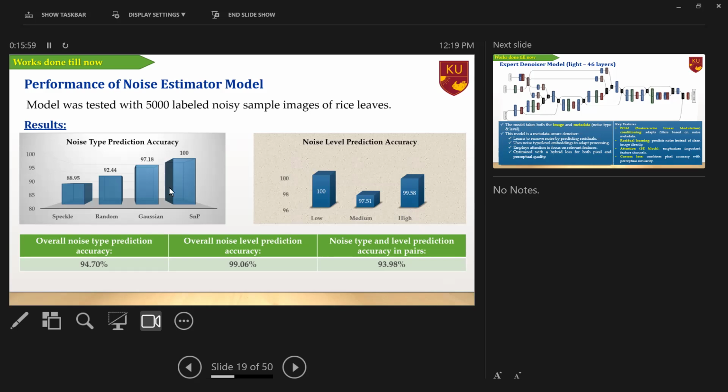But no, it is showing 93.98, about 98% cases where they are predicting with the same pair. If it is Gaussian low, it is predicting Gaussian low, not Gaussian high or random high. So like that, we have seen that the noise estimator is working very excellently.